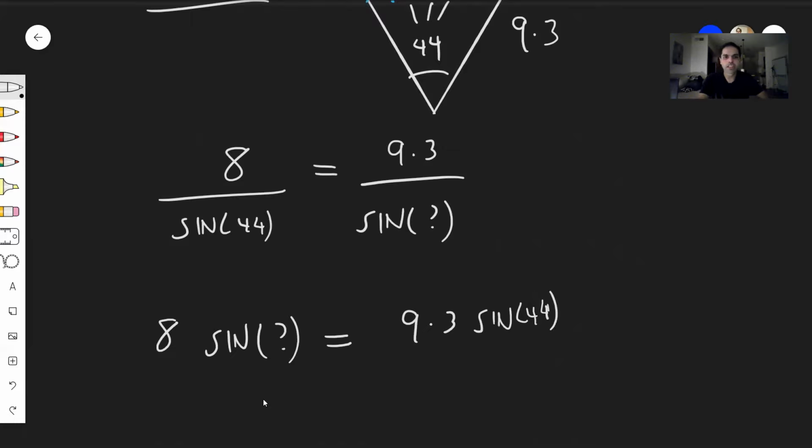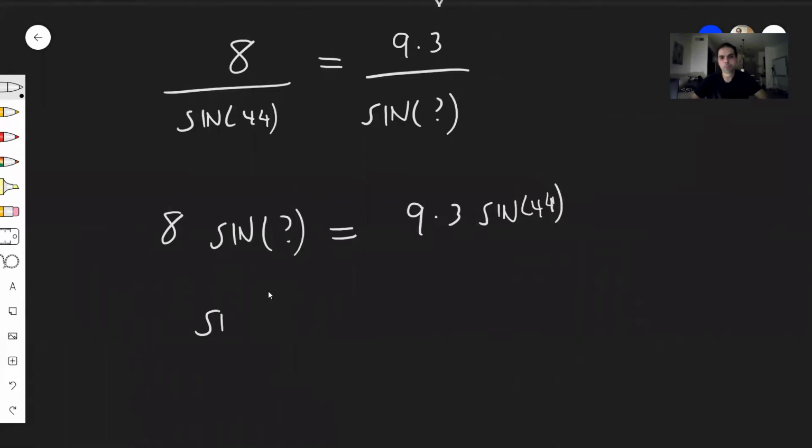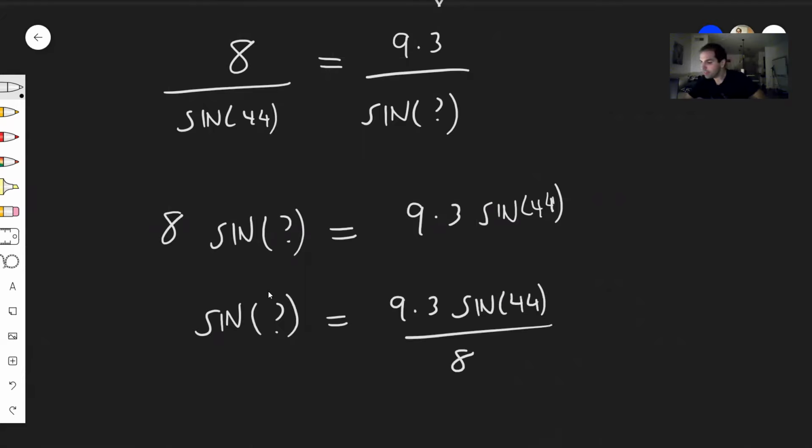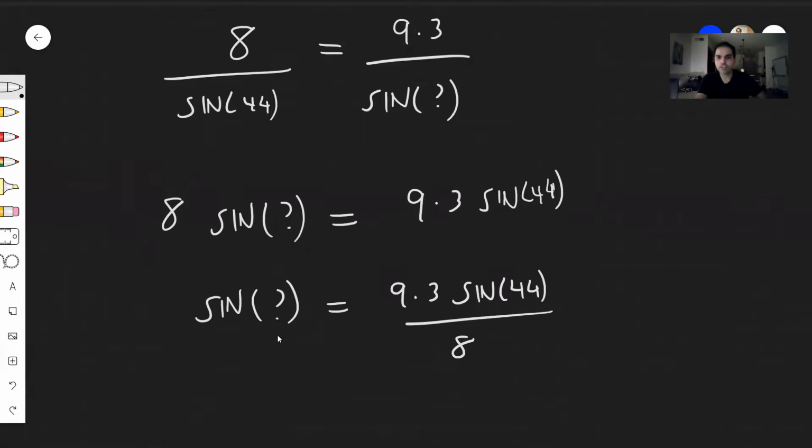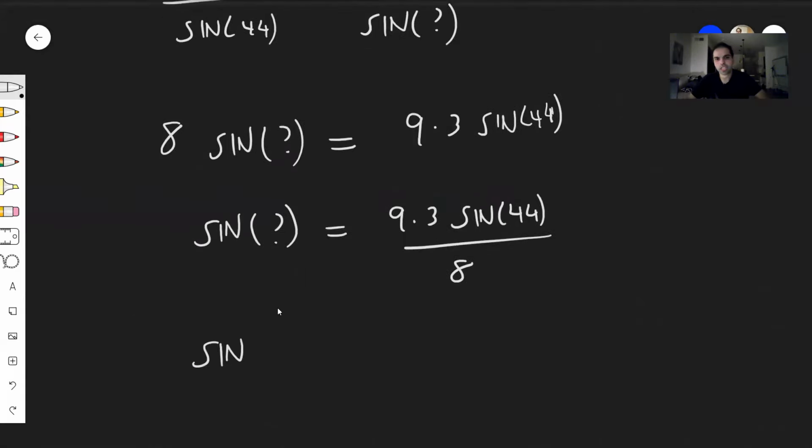And then you get sine of question mark equals 9.3 sine of 44 divided by 8. And that gives you sine of question mark is roughly 0.81. And first of all, it does make sense. It's between -1 and 1. So definitely there is a solution.